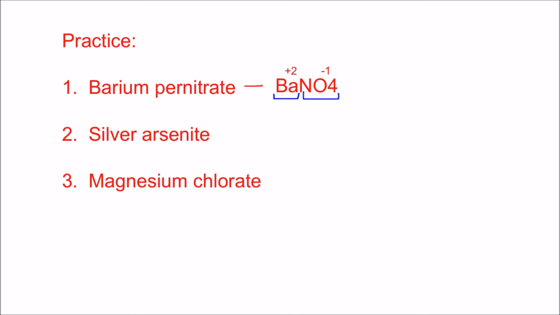Since we have a number larger than 1 that's being brought down on a group of elements, we need to include parentheses around our polyatomic anion. Now we can bring the 2 down to the outside. The 1 from the NO4 is brought down here, but it's understood, so we don't have to write it.